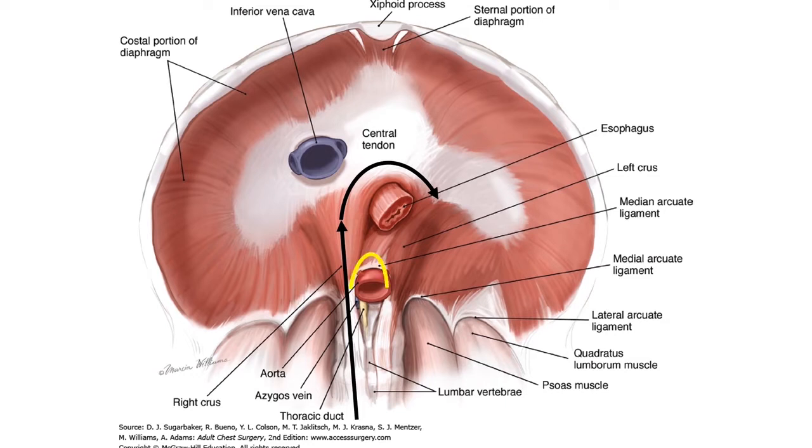Then we have a small connective tissue around the aorta, and this is in the form of an arch.